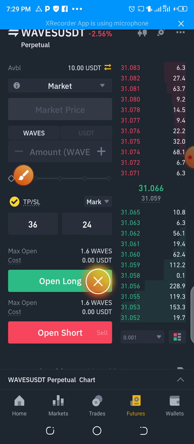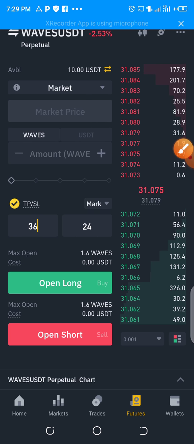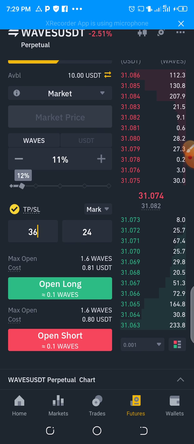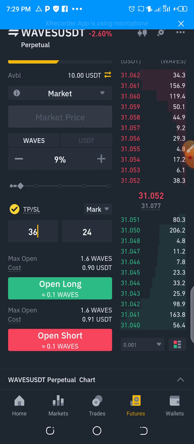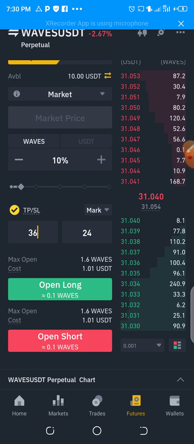How many percent am I using to buy at this market price? 10% of my wallet size is what I'm using to buy.